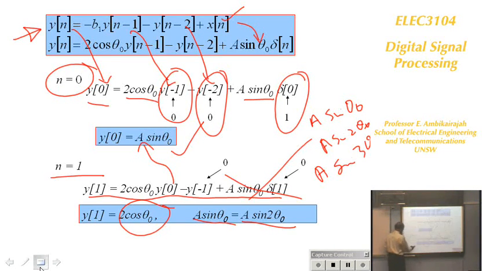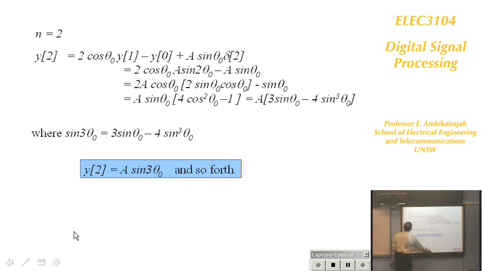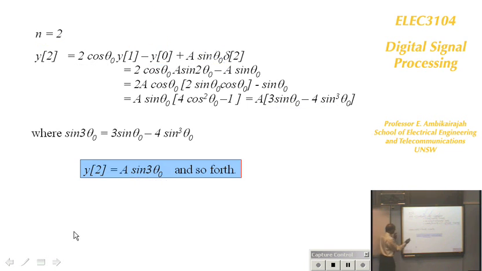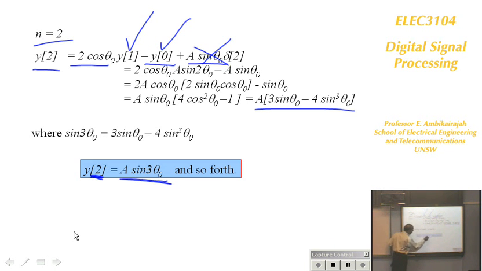You go on to the next one. You can now do n equal to 2. This is gone. This you already know from the previous value. Substitute them, simplify them. You can show that it equals a sine 3 theta naught. So you can see when you have 2, you get 3 here.